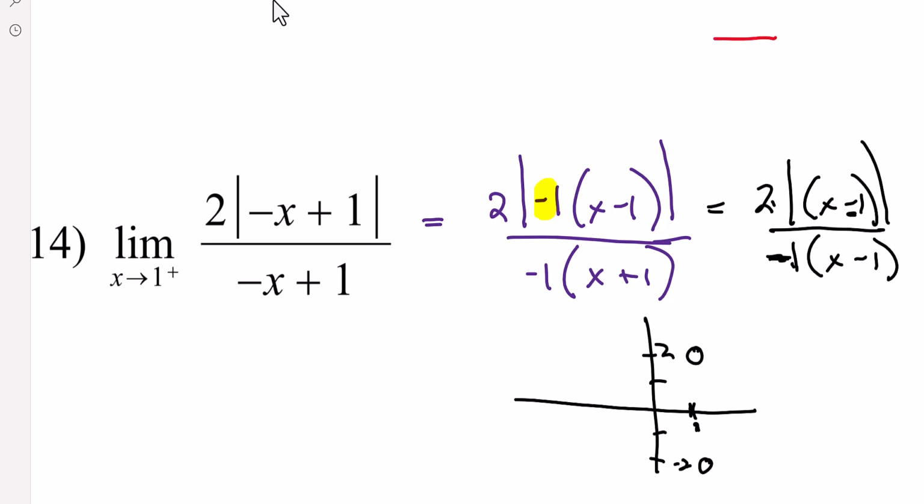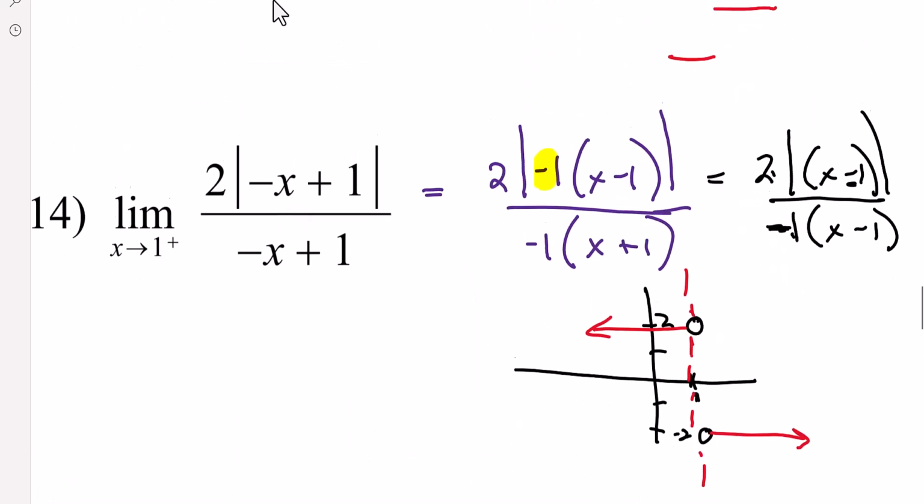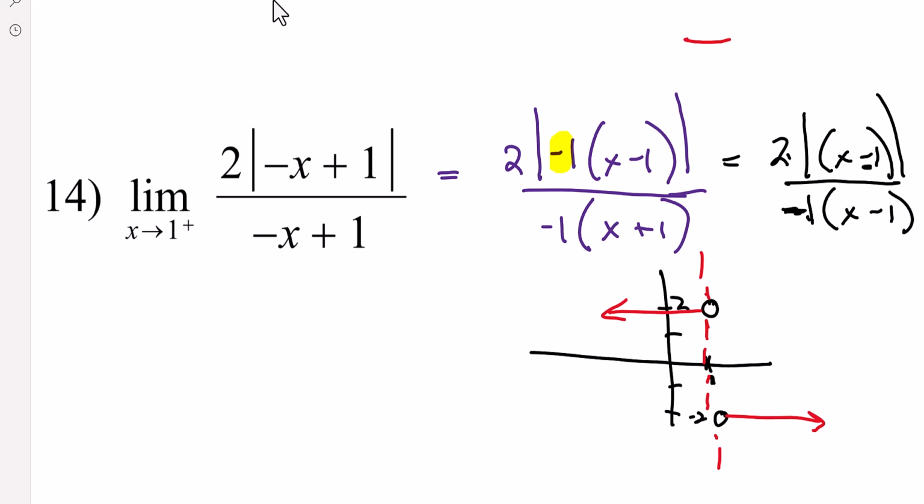Instead of the graph looking like this, the graph is going to go that way with the asymptote being right there. All right. And then this says, hey, we're looking at what is the height coming from the right. Well, the height coming from the right, we're down there at -2.